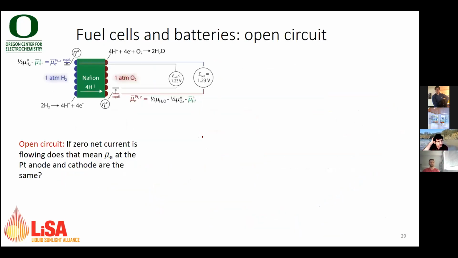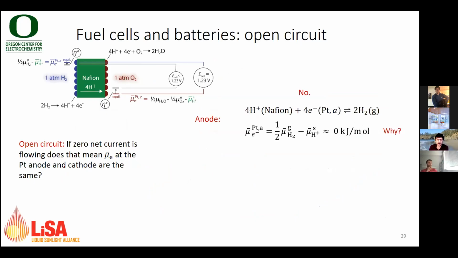So we talked about this. If zero net current is flowing, does that mean mu E of the electron at the platinum cathode and anode are the same? No, right? Because at the anode, we can define the chemical potential of the electrons. I've given you a number here. I've defined it as 0 because these are at standard state. These both have 0 at standard state electrochemical potentials if we take phi equals 0 on this side.